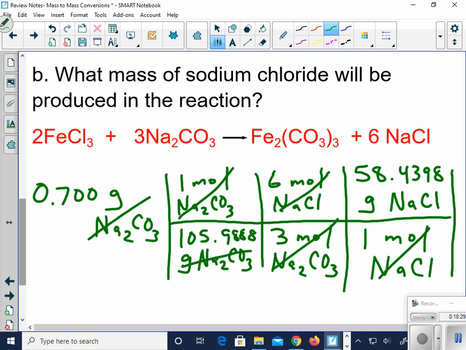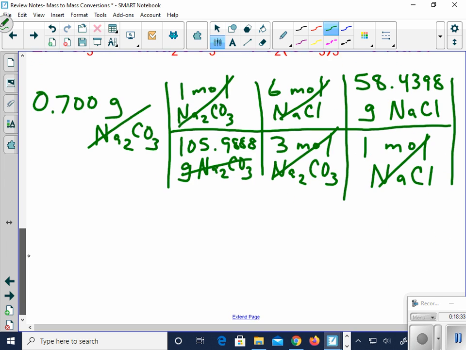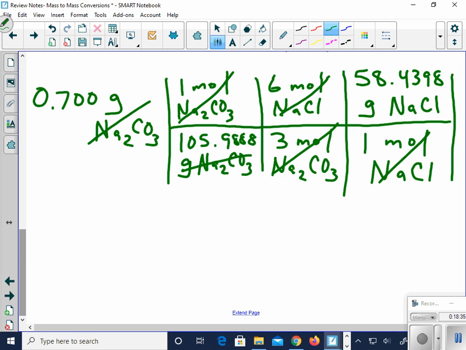My moles of sodium chloride cancel. So now my label is going to be grams of sodium chloride. All I have to do is my math.